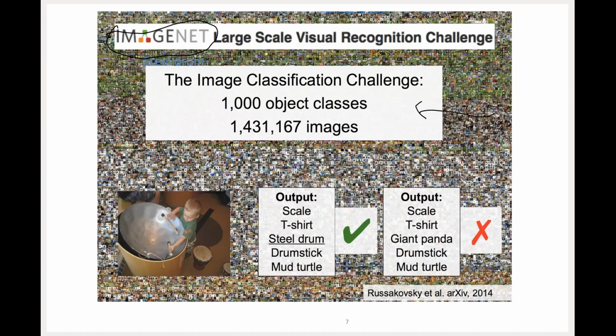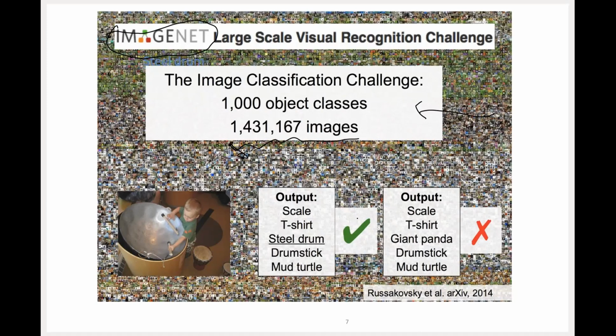I don't know how many images they have now, but at least 1 million images and 1,000 classes. For example, I have this image here and I want to classify it.